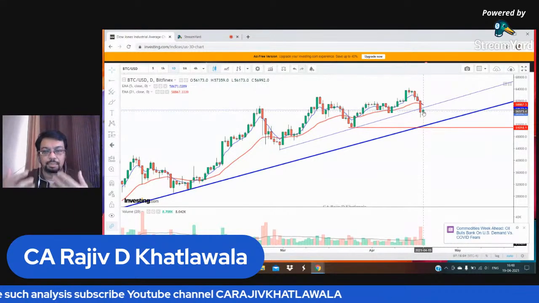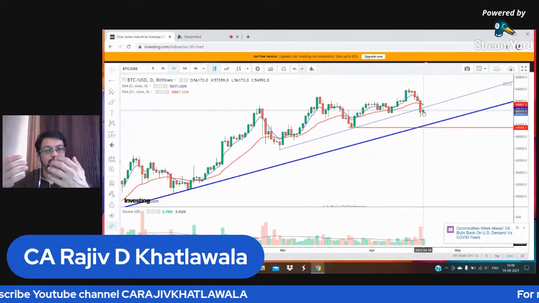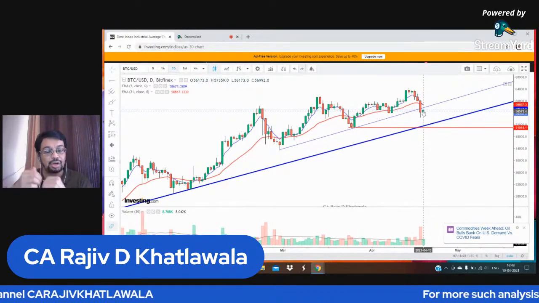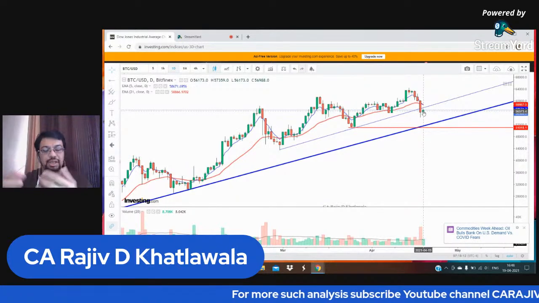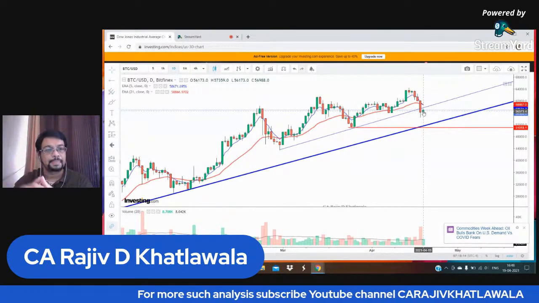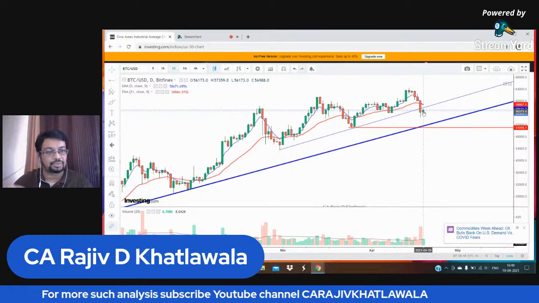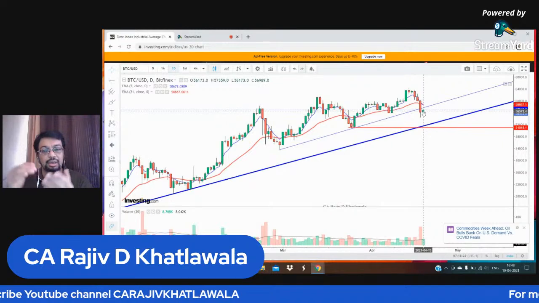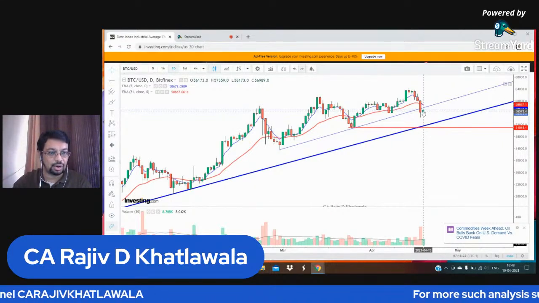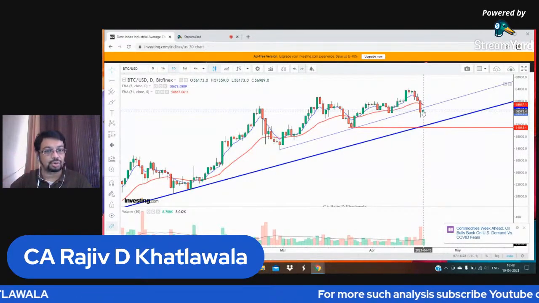Broadly, if the trend starts developing on the negative side, then upward movements will only be temporary, and you can trade on the upside only for a few gains. Major gains you may not get if the trend comes on the downside.